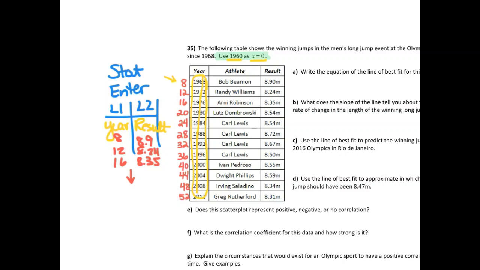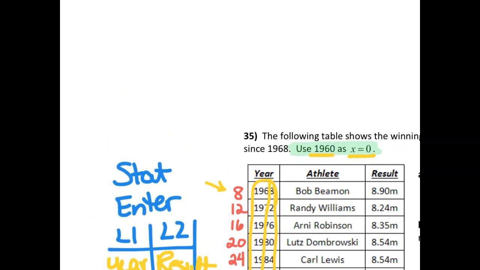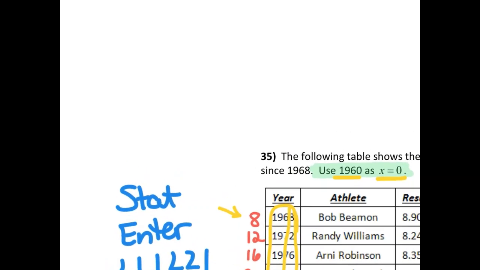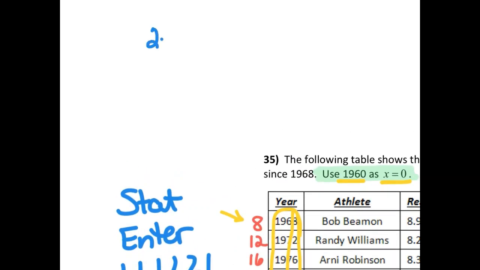So what you want to do is press second and y equals, and you're going to see that menu that says stat plots, number 1 plot off, number 2 plot off, number 3 plot off, and so on. Press enter to choose plot 1, and then press enter again to turn plot 1 on.